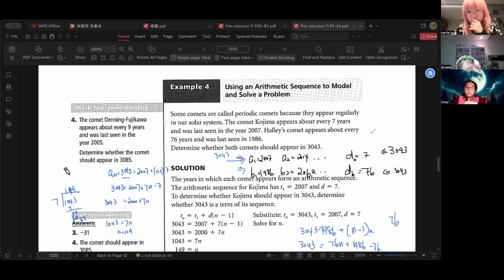So 76n plus 1910 equals 3043, right? So 1133 divided by 76. Let's see. So you know it's impossible.